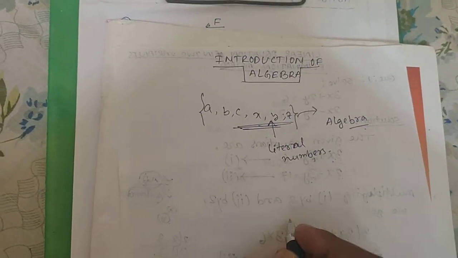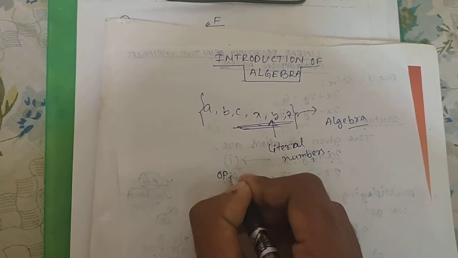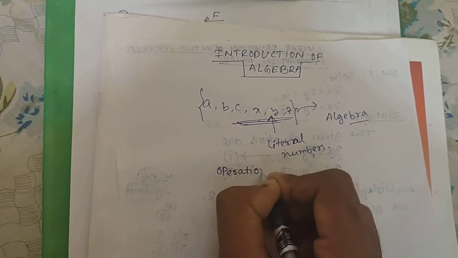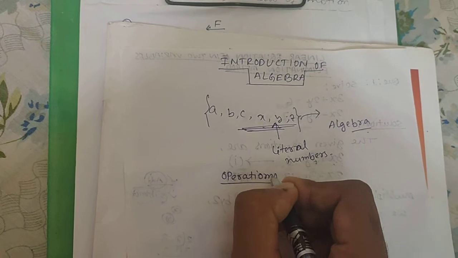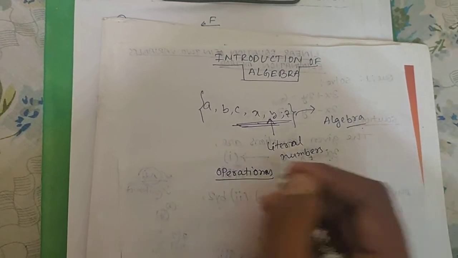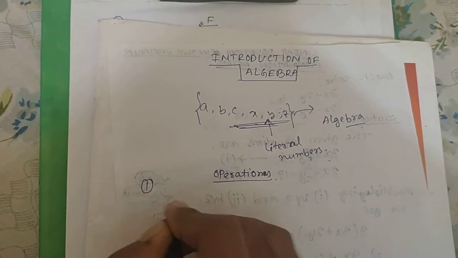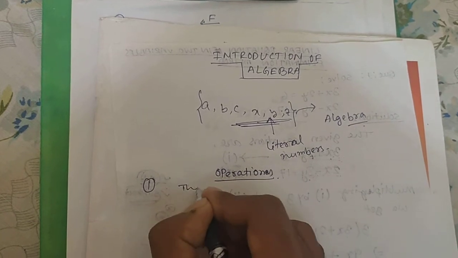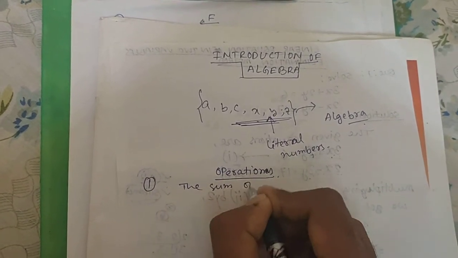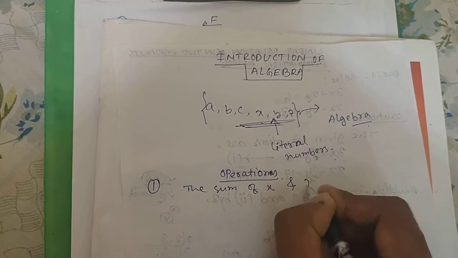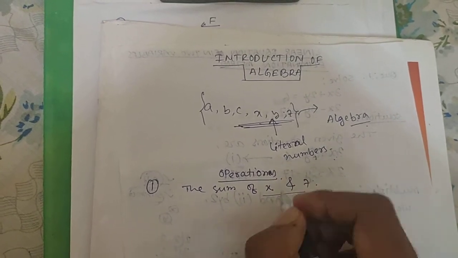Now, how to do operations for this kind of literal numbers? For the addition, if we write the sum of x and 7, what is the meaning of it?